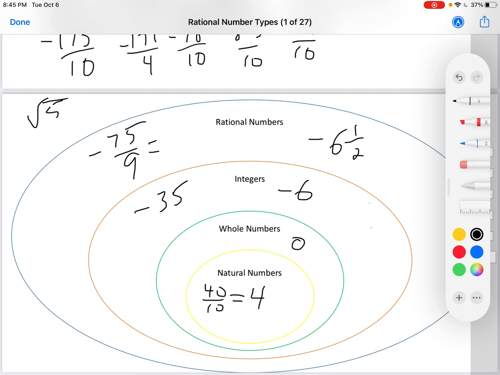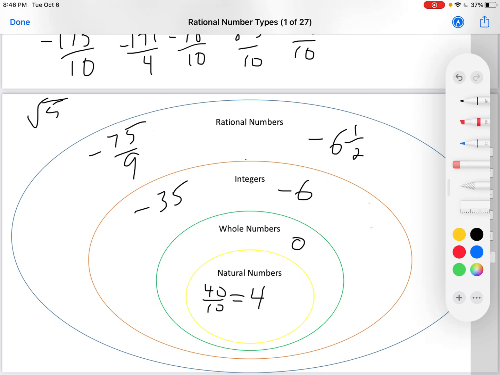So actually, this is negative 8 and 3/9, which is negative 8 and 1/3. Therefore, it has a fraction part, so it has to stay where it is. It cannot move into the integers.